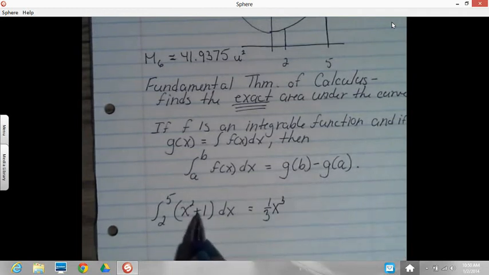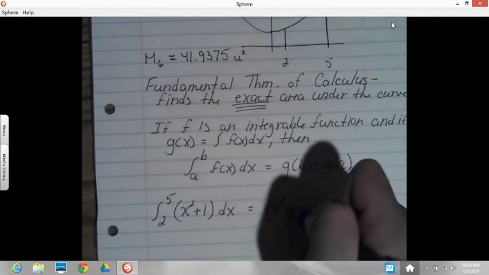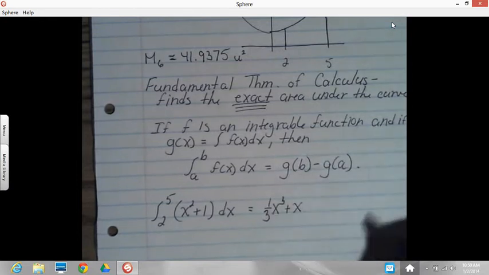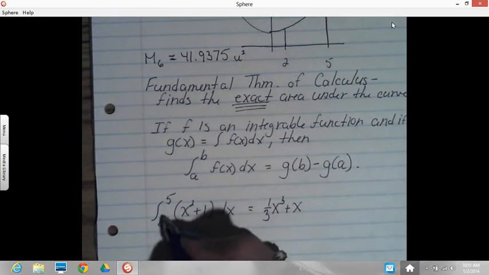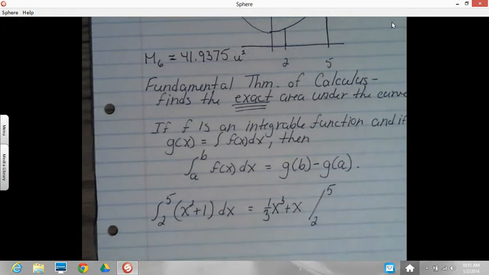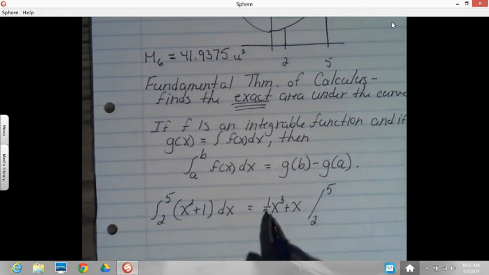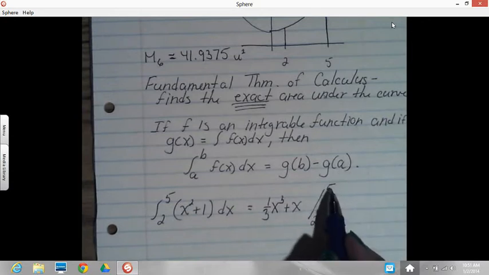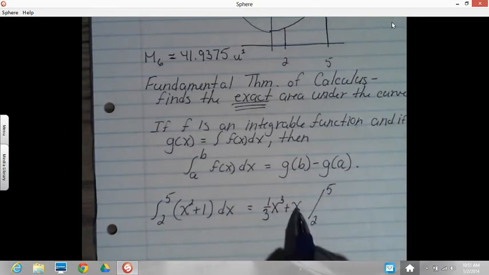Then I do the antiderivative of 1, which is x. And then I'm going to evaluate that from 2 to 5. And the way we do that is we just put a bar here from 2 to 5. That just shows you're going to substitute in these two values. And it's always the upper boundary substituted in first, work it out, minus the lower boundary substituted in and work it out.